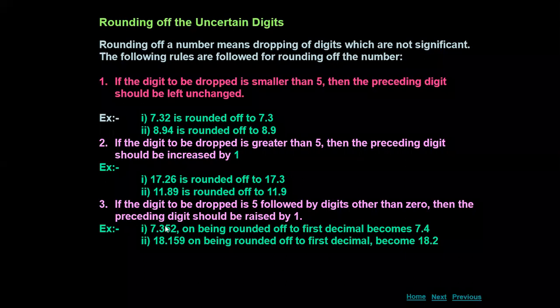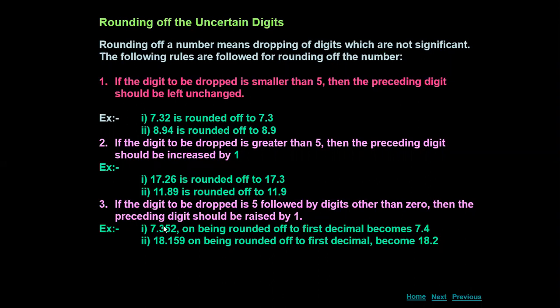So whenever we are dropping 5, we will look at the right side for any digit. If the digit is non-zero, then directly we will increase the preceding digit by 1 unit. Okay, 17.3, up to here 2 decimals only we have to write, as we are dropping 5, which is followed by a non-zero digit. That's why 3 is increased by 1.